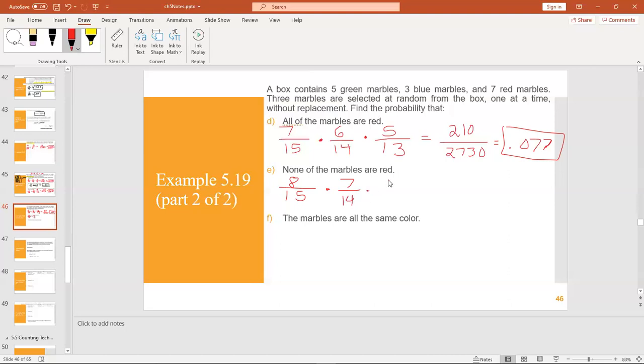And for the third event, there will now be 6 left that are not red out of 13. 8 times 7 times 6 is 336 out of 2730. That is 0.123, or 12.3%.